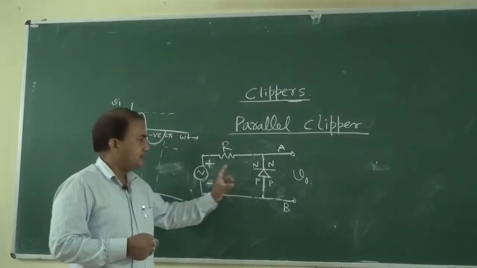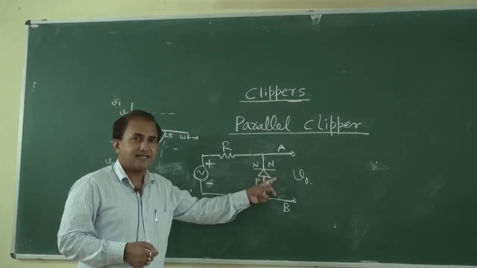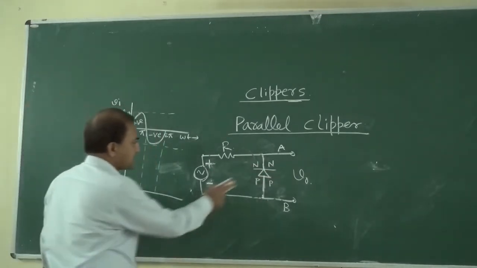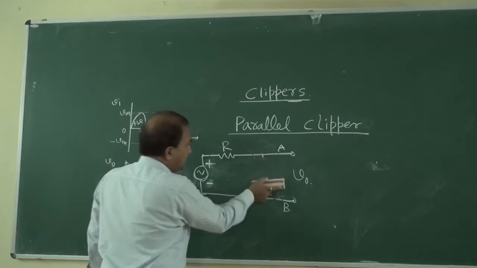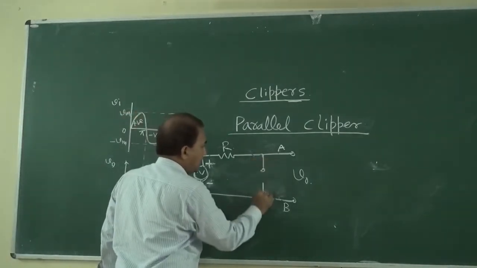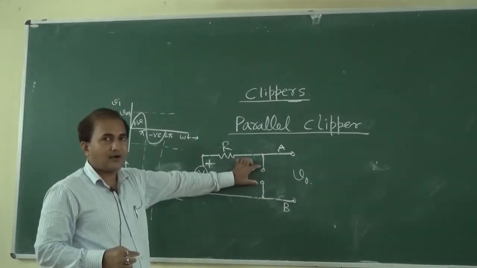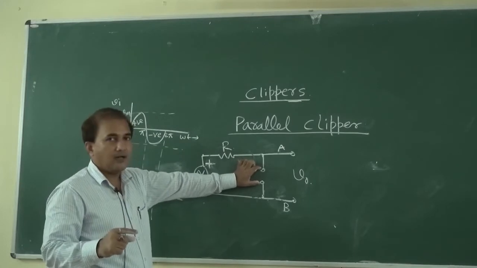This means that this diode is in reverse bias condition. So in reverse bias condition, we will replace this diode with an open.